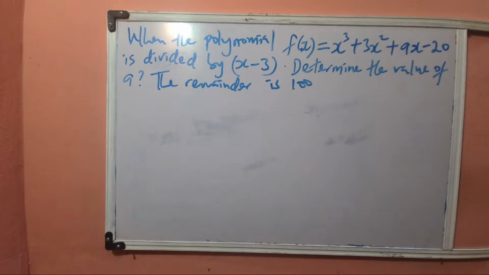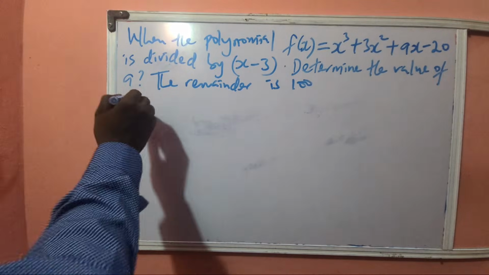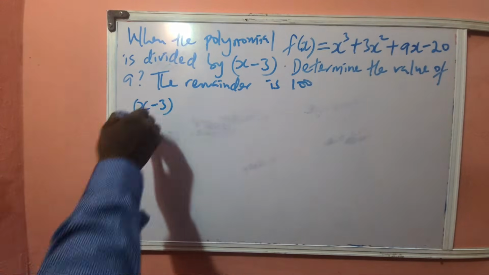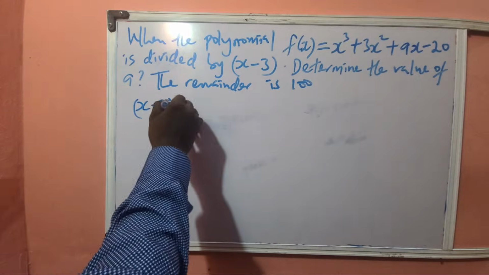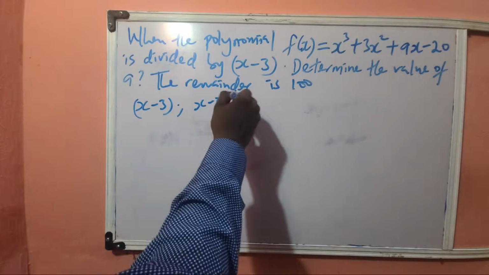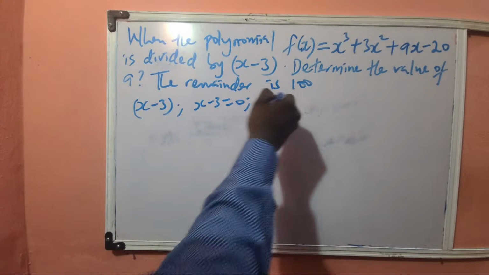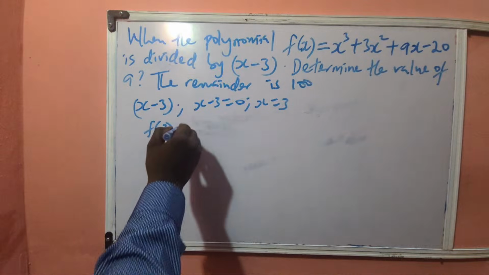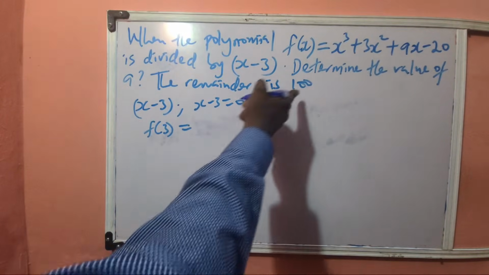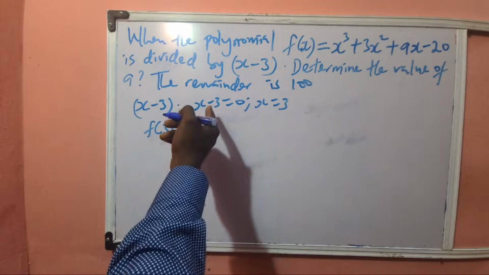If we're told that x minus 3 was the divisor, of course, I'm sure you know that if you fix in x minus 3 equals 0, that means my x equals 3. So if I fix in my x as 3 into this particular function, I must get 100. That's the meaning of this equation.